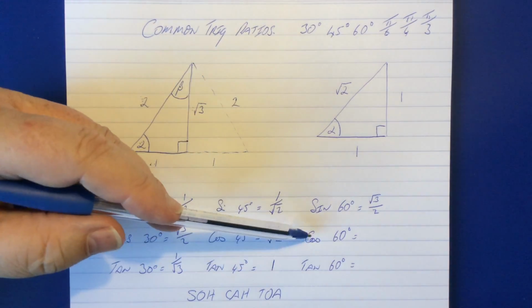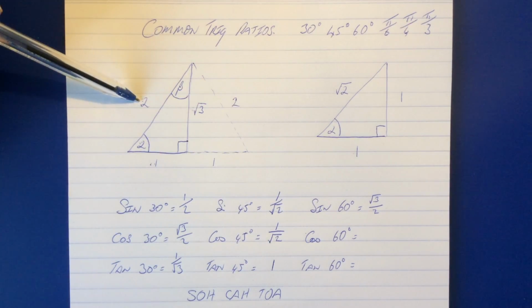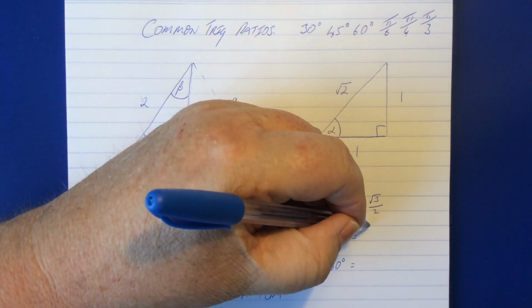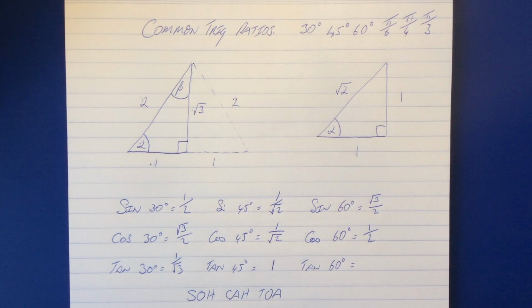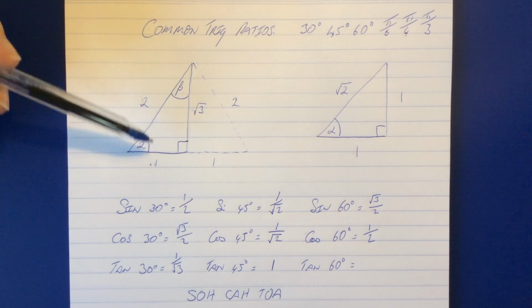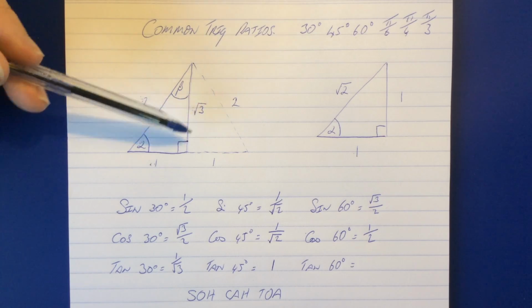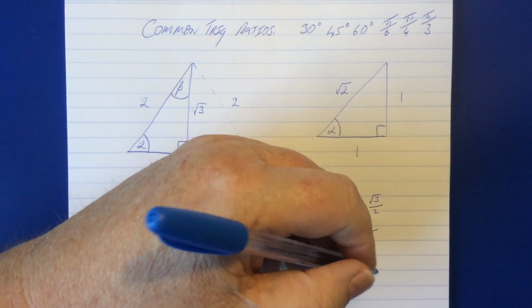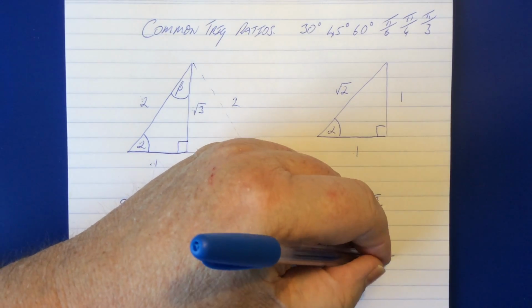The cosine of this angle will be the adjacent over the hypotenuse, 1 over 2. And the tangent of this angle will be the opposite over the adjacent, root 3 over 1, or simply root 3.